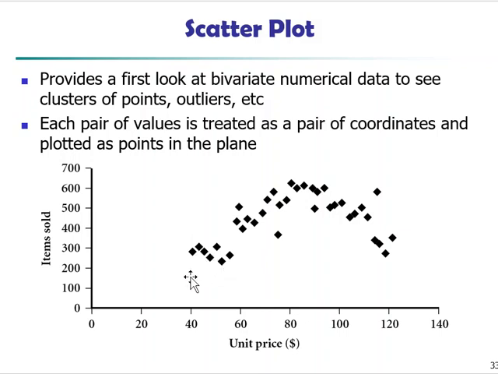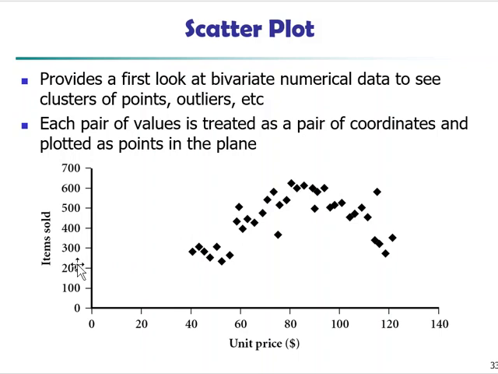Okay, we can see that when price increases to some extent, our sales actually increase. But when we reach a certain price, which is like $80, then the amount of sales drops. So this gave us more information than what we could gather from the previous plots, because it shows two variables in one plot.